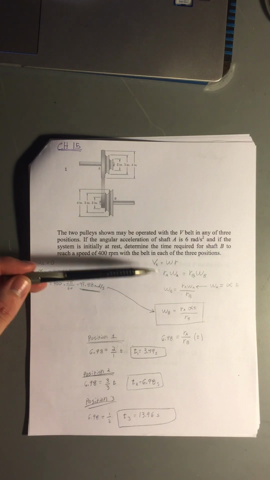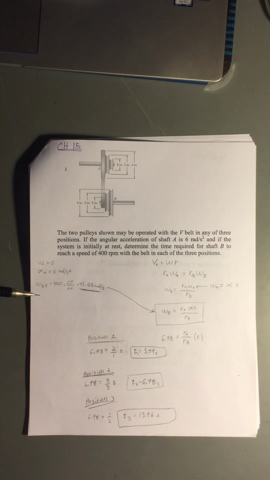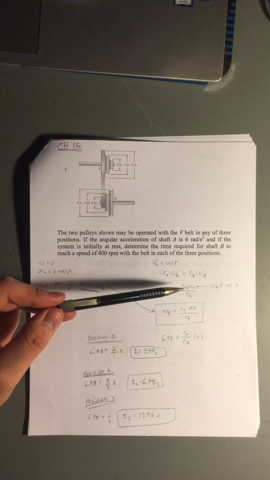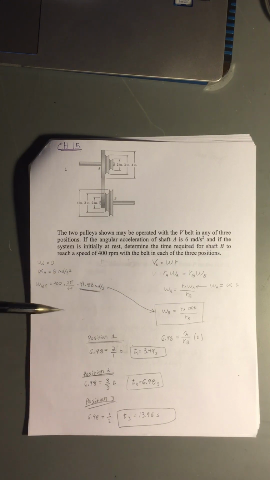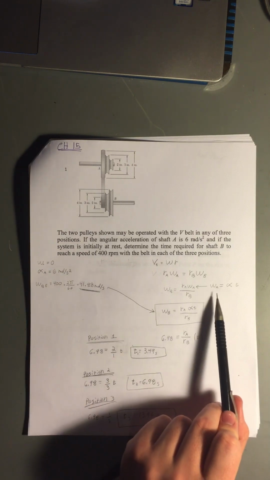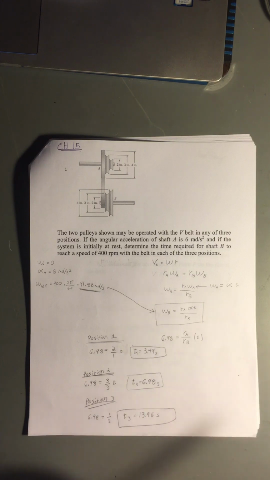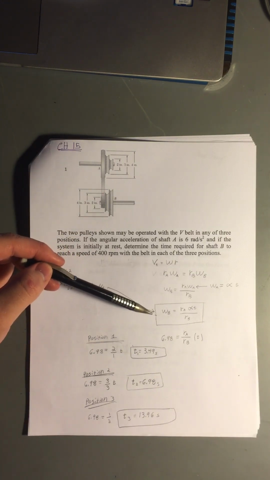We can rearrange this equation to solve for omega B, which is what we were given. Then we also need to replace omega A with the alpha term, so we have a term that has time in it because we're looking for time. We know that omega A has to equal alpha times t, and replacing that gives us this equation.